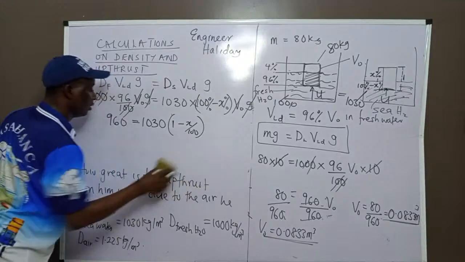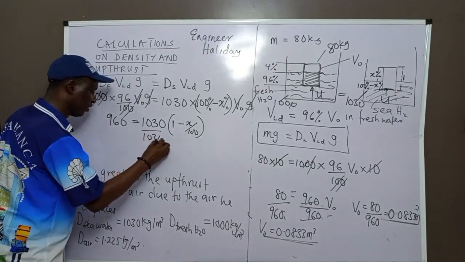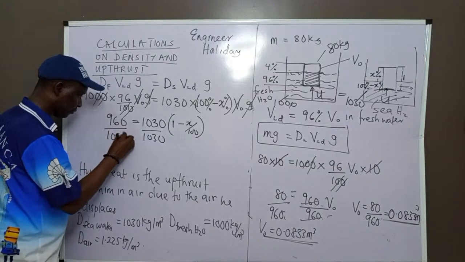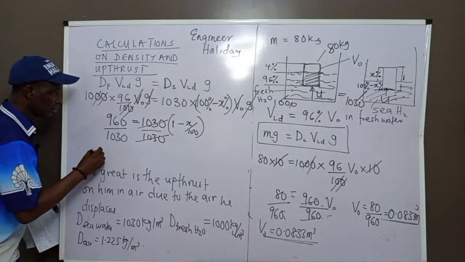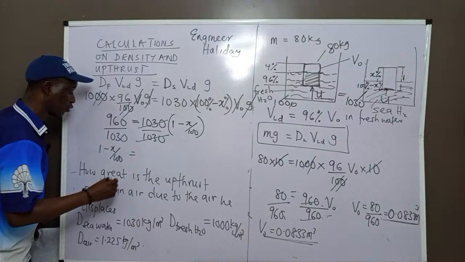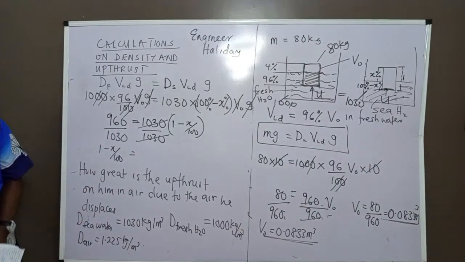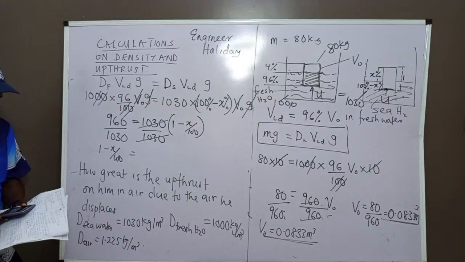Let's play with it now. Divide both sides by 1030, so I cancel this one. What I want to have now is 1 minus S over 100 equals 960 divided by 1030.